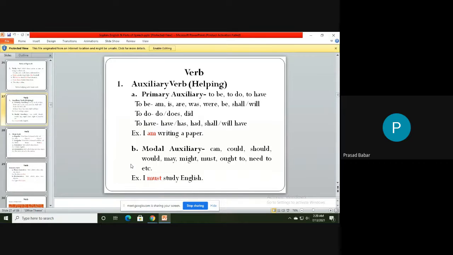So let's take an example: I must study English. In this sentence, must is a verb, and the type of must, we can say, is a modal auxiliary.